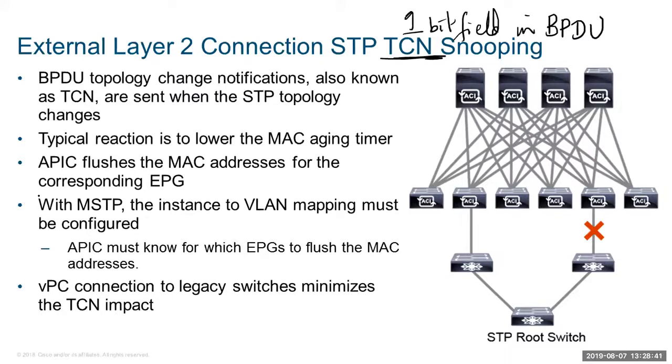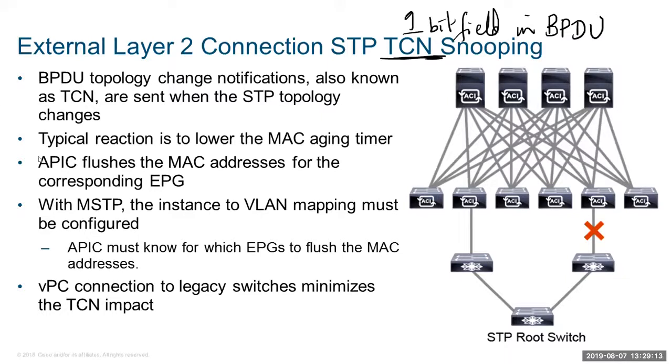So Ethernet switches, typically, whenever they see BPDUs with the TCN bit being set, what they do is they reduce the aging timer for the MAC address. Okay? So it's basically going to make sure that we don't have unnecessary traffic flooding towards MAC addresses which don't exist anymore. Reduce the aging timer.